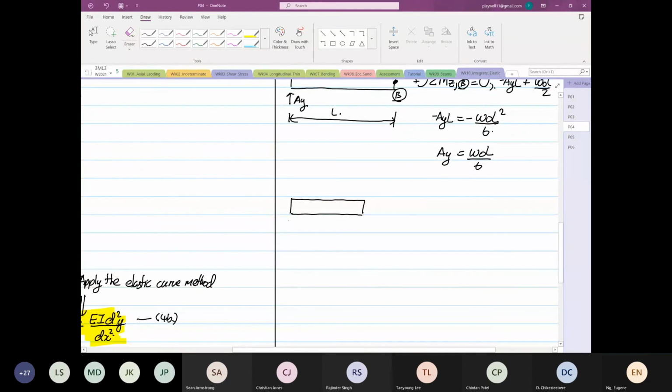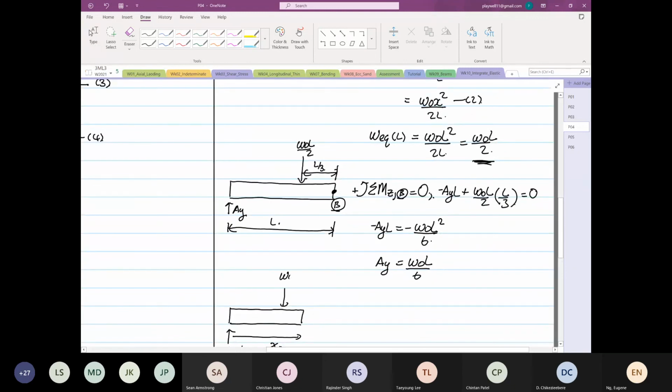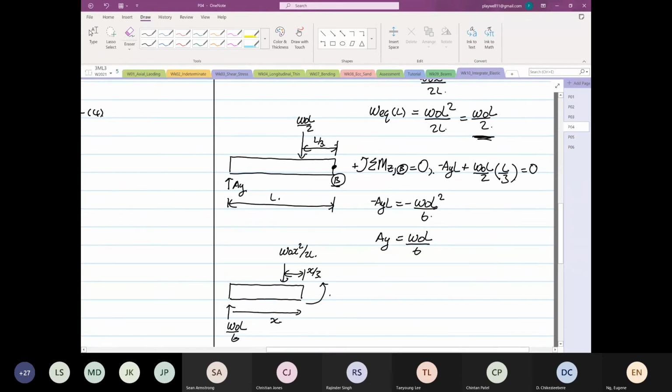So now we know that AY is equal to omega naught L over 6. This is a function of x. Over here, you immediately plug in your equation, omega naught x squared over 2L. Over here to here is x over 3. So you only need to know your moment is in that direction.